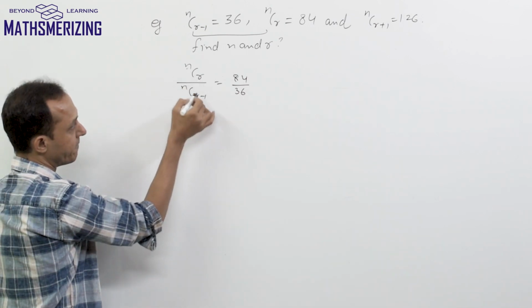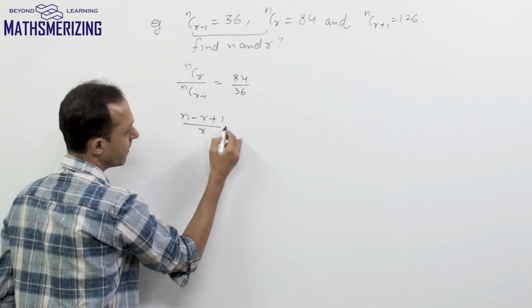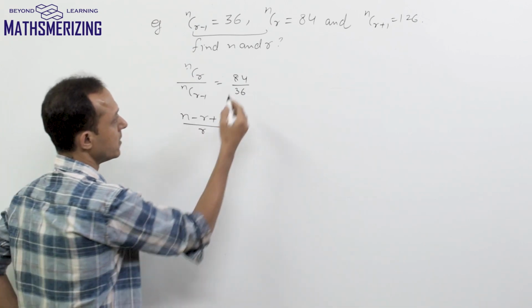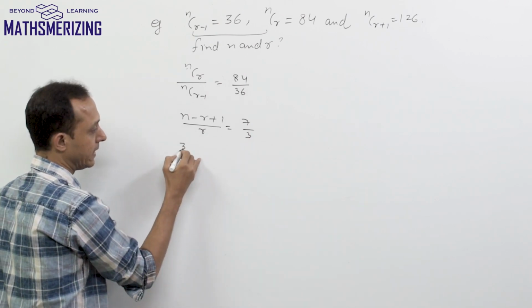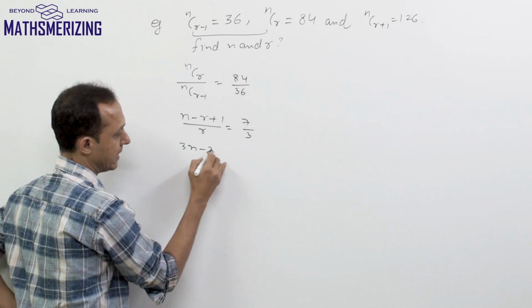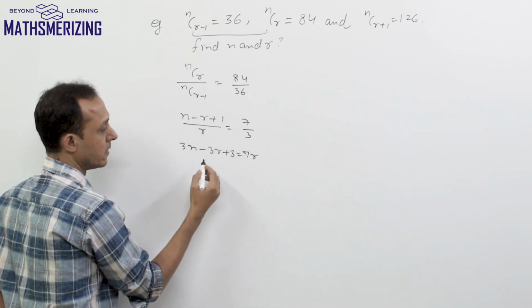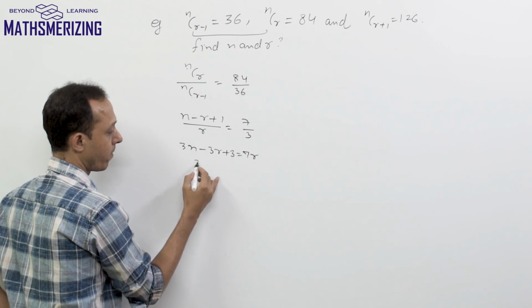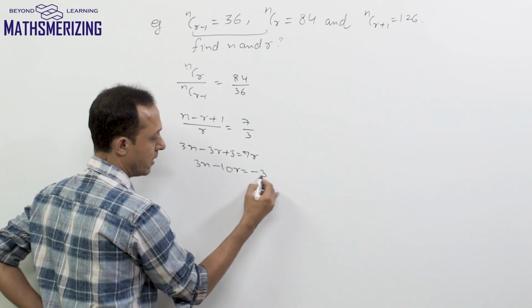Now n same, r differs by 1, so it is n minus r plus 1 upon r, and here it will be 7 by 3. So it will be 3n minus 3r plus 3, and that equals 7r. So I'll simply write 3n minus 10r is equal to minus 3.